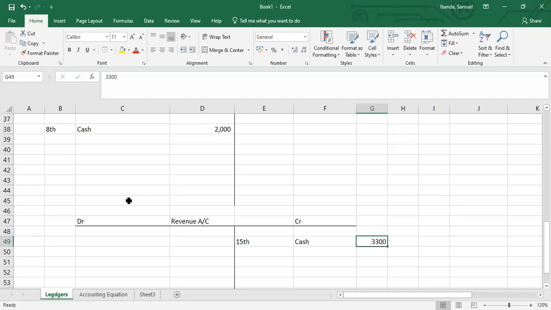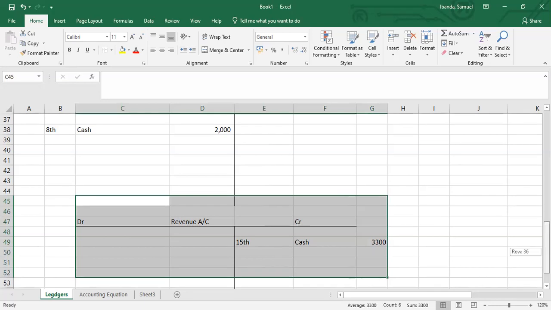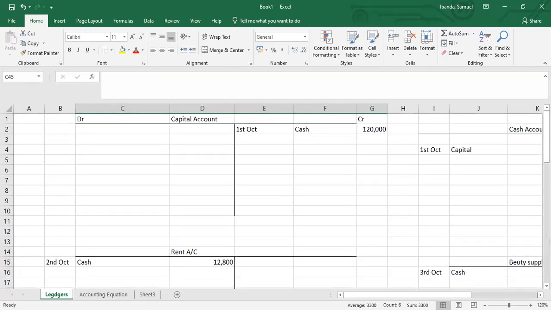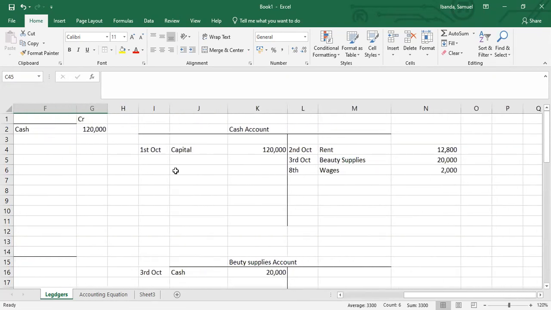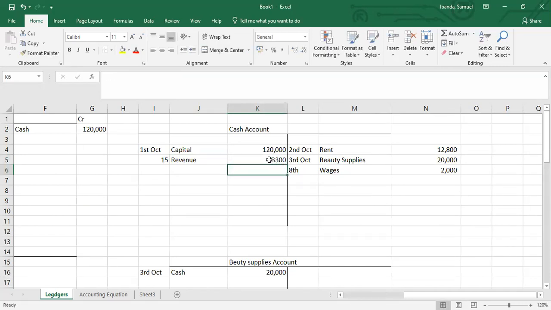Once you've recognized this, you go ahead to recognize it in your cash account. On 15th, we have our revenue of 3,300.